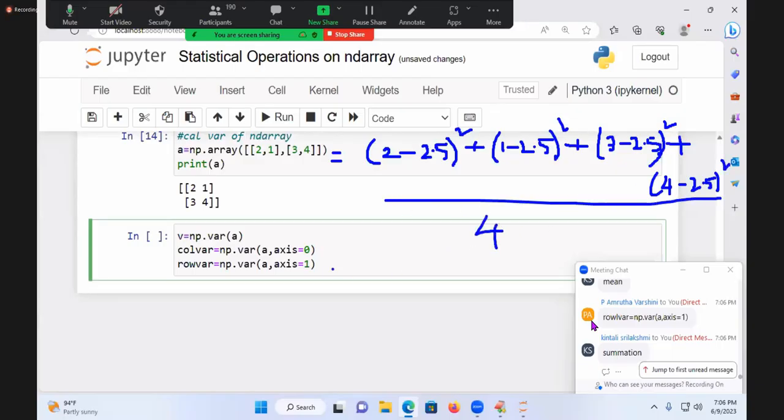Tell me, 2 minus 2.5 whole square means what? Minus 0.5 whole square means what? 0.25, correct?